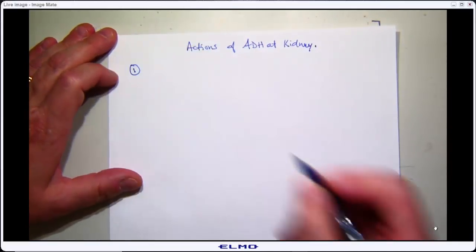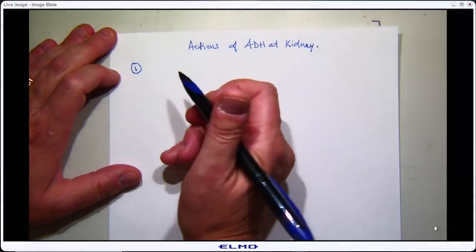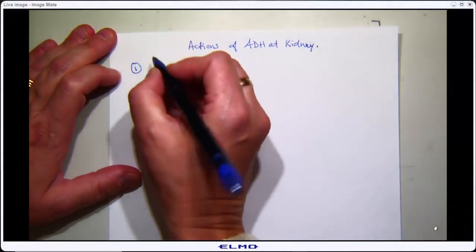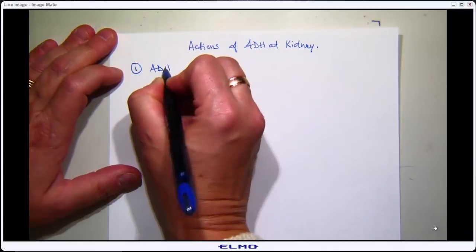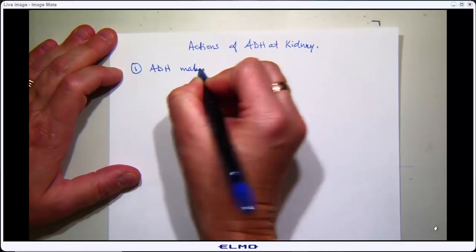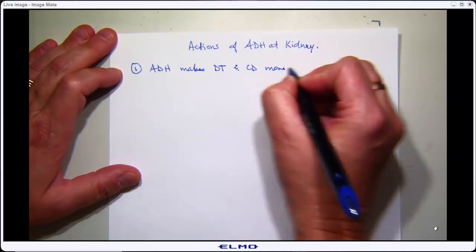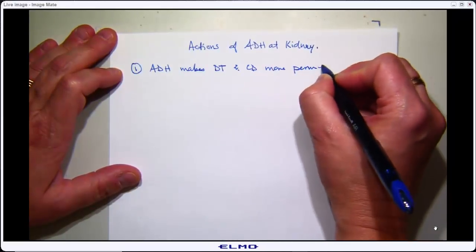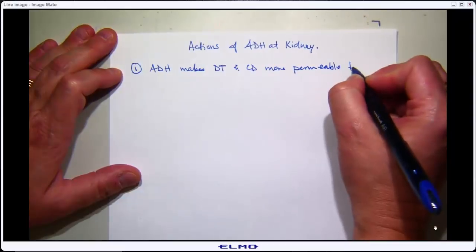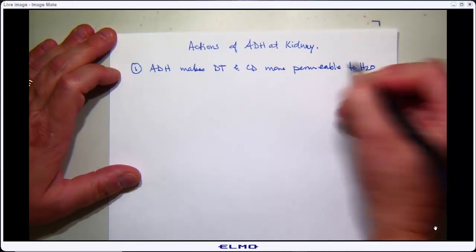Okay, so first of all, we already know that it makes the distal tubule and the collecting duct more permeable to water. Okay, so we got that one nailed.